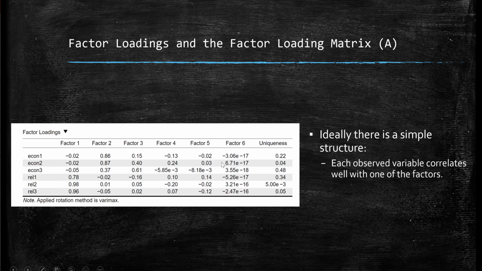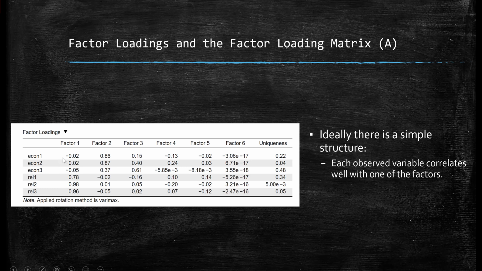Ideally, what you want is a simple structure where each factor relates strongly to the items that belong in that factor. Or in other words, each observed variable correlates well with one of the factors, but does not correlate well with the other factors.